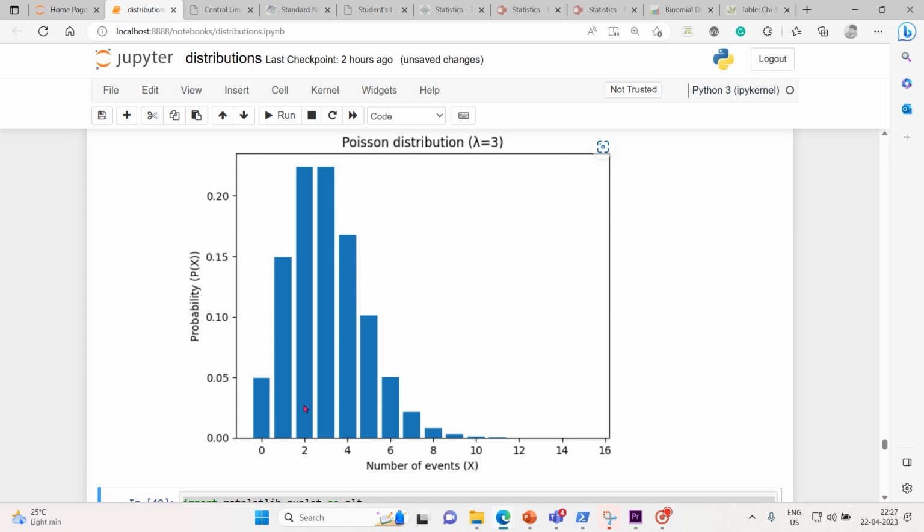It would depend upon the shop, or the workshop or manufacturing hub. So the number of events would be on the x-axis, and the probability of occurrence of that event in that particular interval is what the Poisson distribution is going to give.